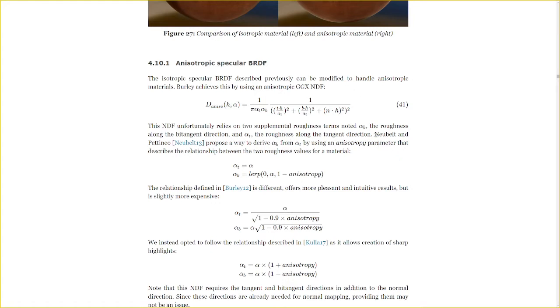So there's another paper that proposes a way to derive these two values by using an anisotropy parameter that describes the relationship between the two roughness values, where alpha T comes from the surface roughness, and then alpha B is solved for using some anisotropy term.